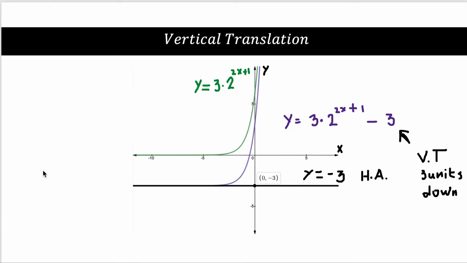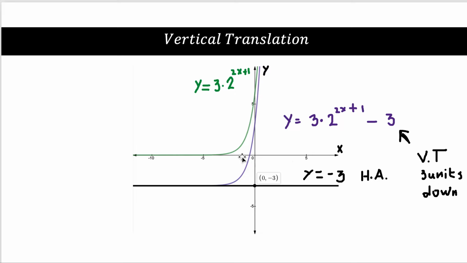Now let's go back here to the vertical translation. How is the vertical translation going to be? Let's say before we had the function in this position, 3 times 2 to the exponent 2x plus 1. But if we are adding minus 3 to the function, this means we have a vertical translation 3 units down.